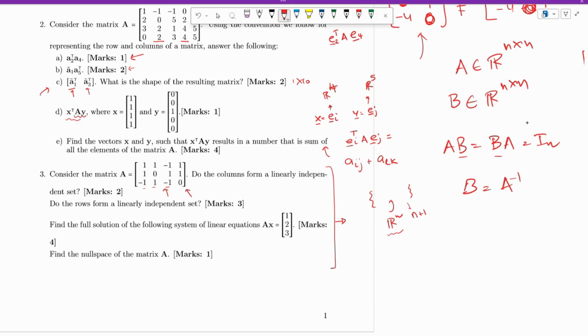How many columns do you have? Then I ask you, can the columns form a linearly independent set? Because what is the definition of the rank? Number of linearly independent columns or rows that you can choose. That means here you can only choose 3 columns that can possibly be linearly independent. Here you have 4, that means it's linearly dependent. So the first question was essentially, you didn't have to do anything, you just have to know this fact.